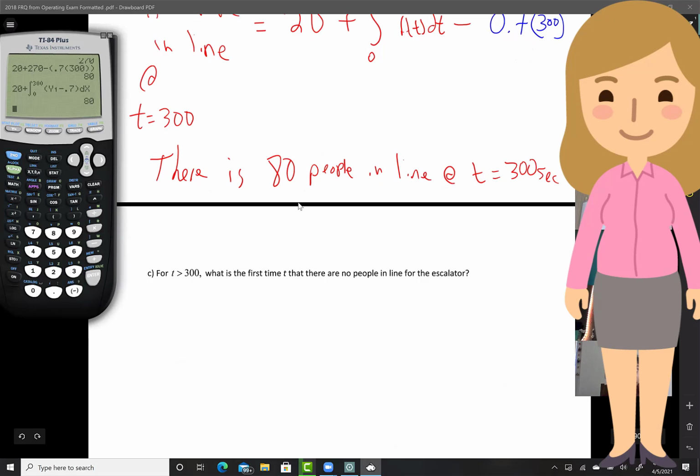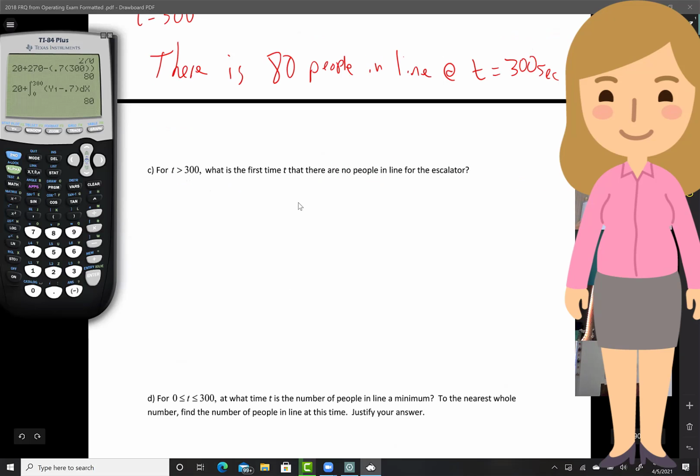So I know that the rate going out is 0.7 people per second. Let the units help you out. So how much time? Okay, let me slow down, guys. What is the first time t that there are no people in line? Well, how long does it take for these 80 people to exit? That's what I want to know. So let the units help you out.